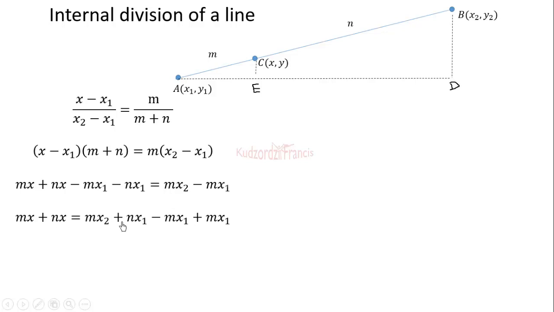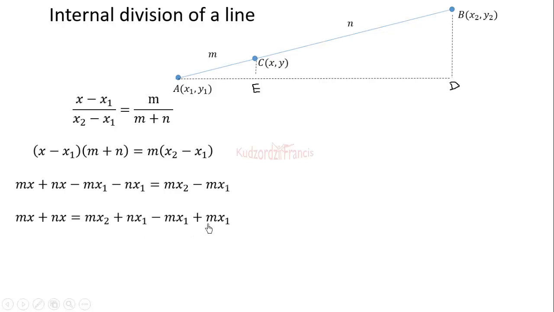So that is what we had here. So the minus mx1 is already here, and this one comes to add. Good. Then we have negative nx1 also coming to add on the right hand side.